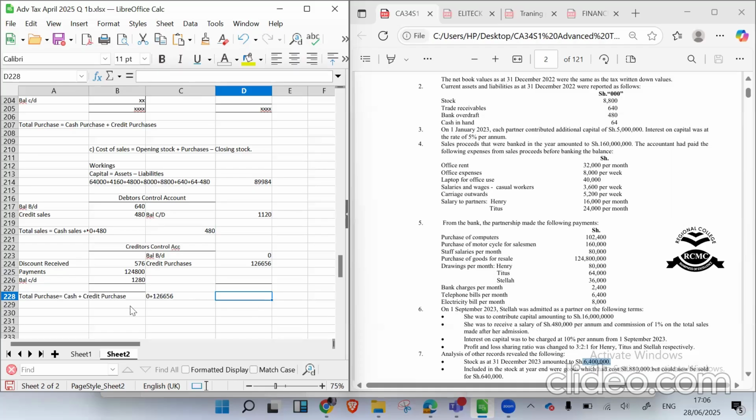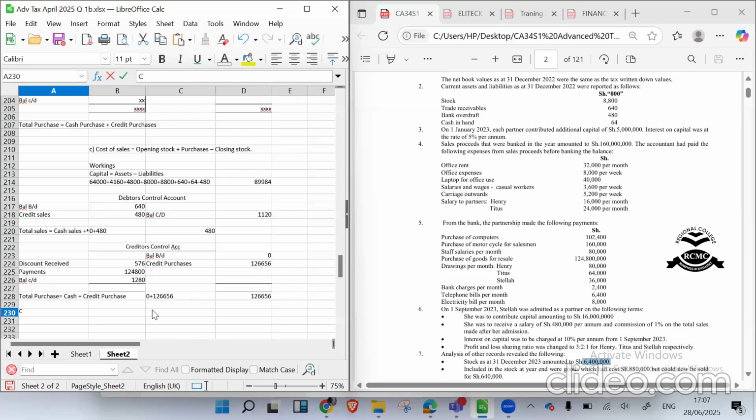You can hata ukiziweka hapa because they are not very clear on whether they are cash or non-cash. Because again, cash purchases and you are paying through the bank, but it makes no difference as long as they all appear in our books. We are comfortable with it. Okay. So therefore, that is our total purchases.